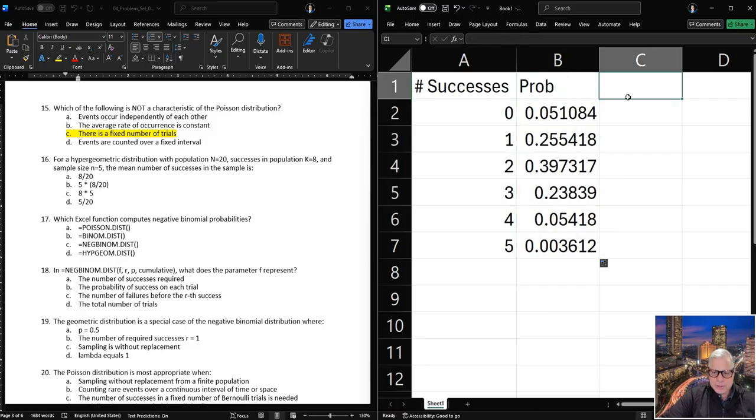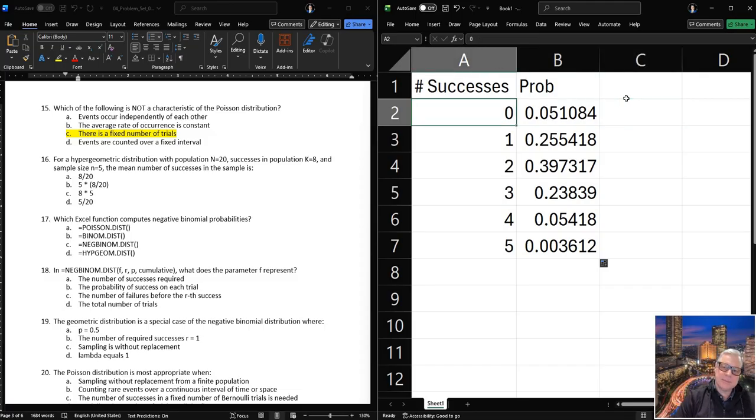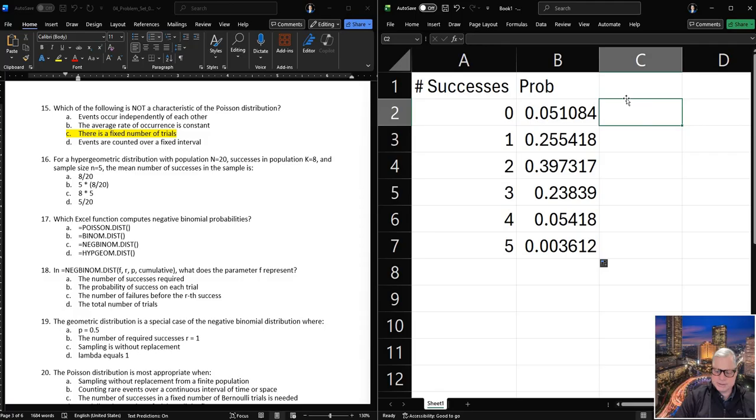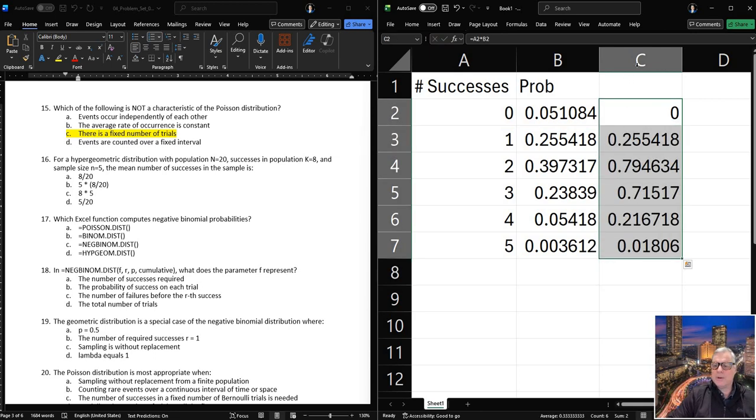Okay, so now what is the average? Well, the average is the number of occurrences. So now I need to basically calculate the probability times the number of successes. Okay, so I do equals 0 times the probability. Okay, that's obviously 0. And I copy this down.